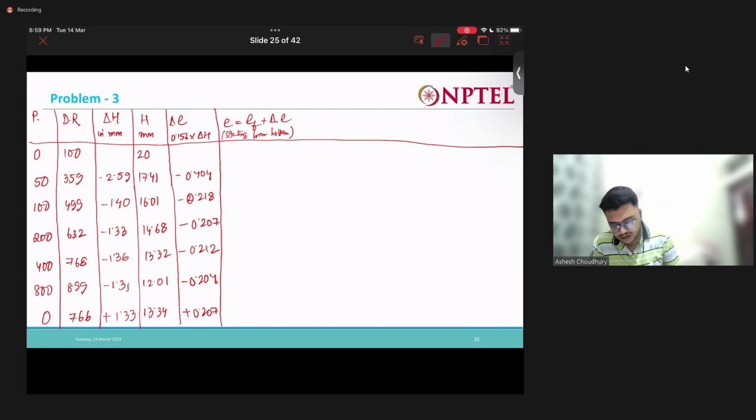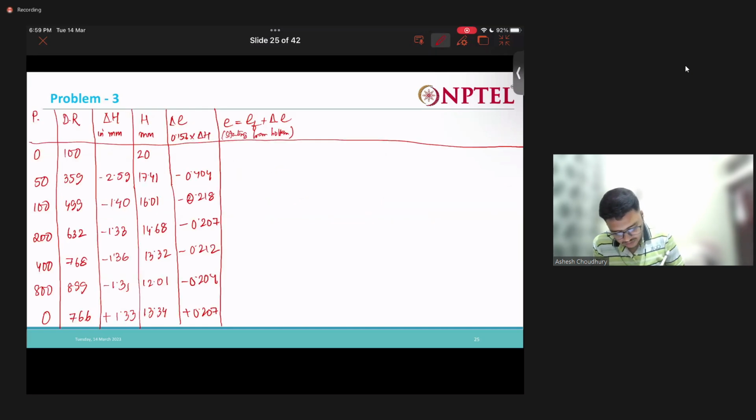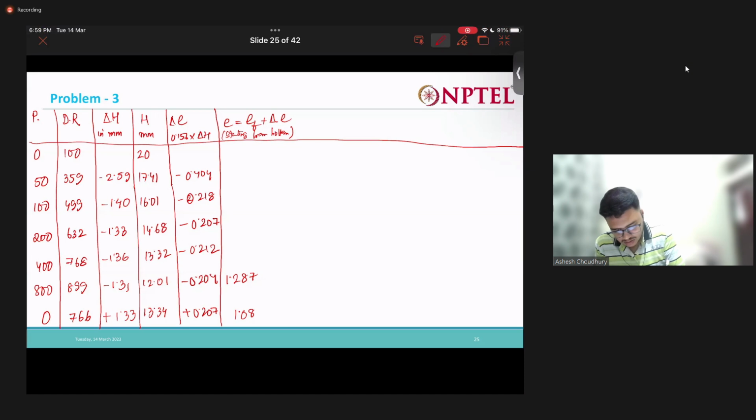I had found my final void ratio as 1.08. So I know my final void ratio is 1.08, right? Now 1.08 plus 0.207 will give me this void ratio. So 1.08 plus 0.207 gives 1.287. Sorry, extremely sorry.